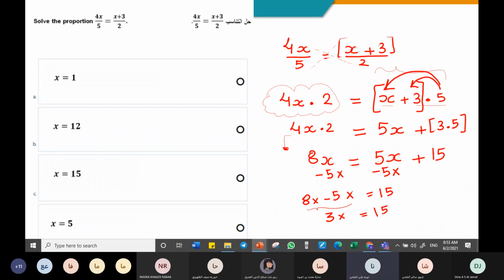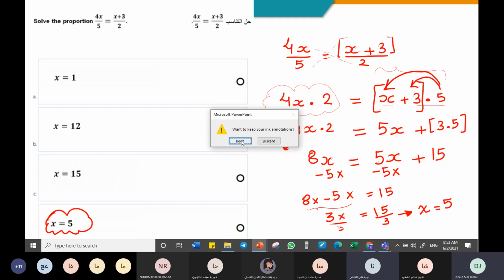Divide by 3, divide by 3. Now we will divide, okay? Previously, it would not work if you divided. x is equal to what? 5. That means here is our answer. Clear for everyone?